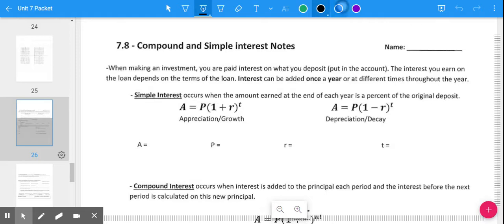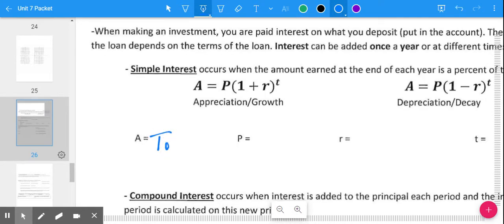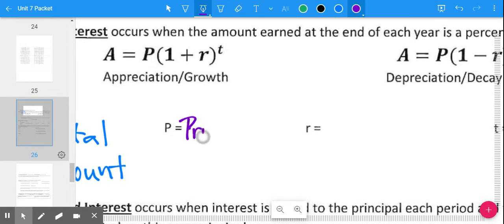So that makes A your amount of money, your total amount. P is your principal, which also means the initial amount.